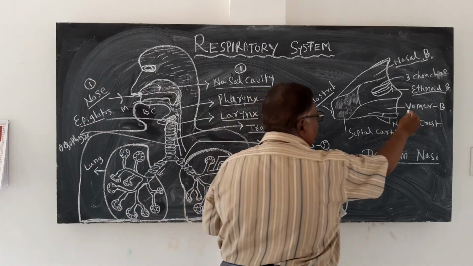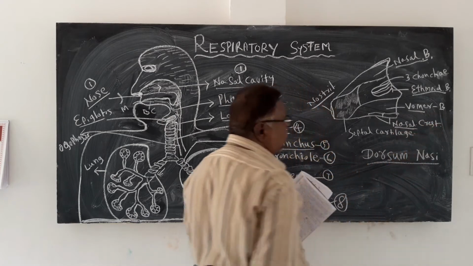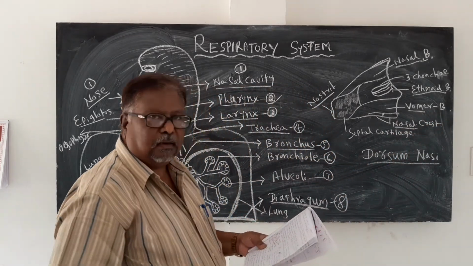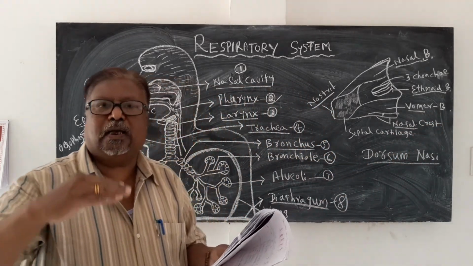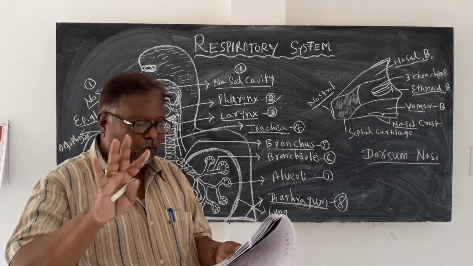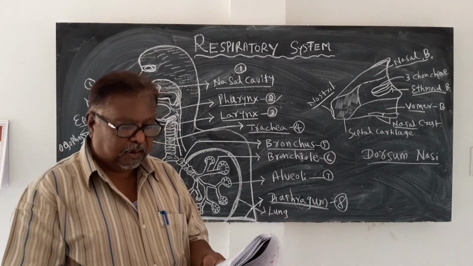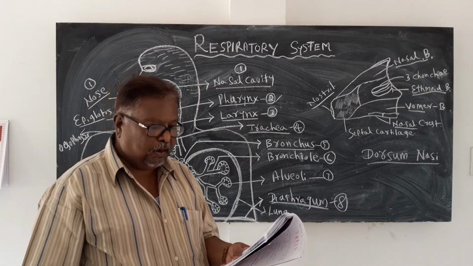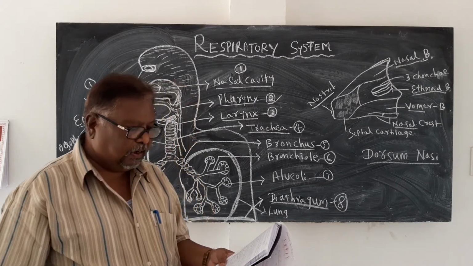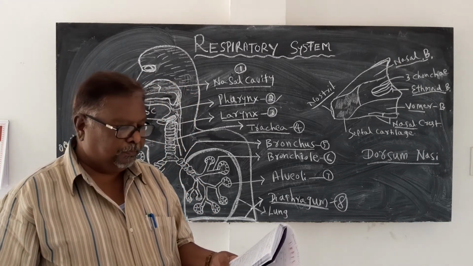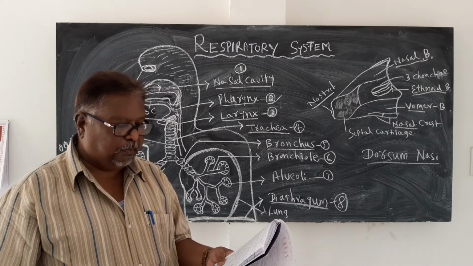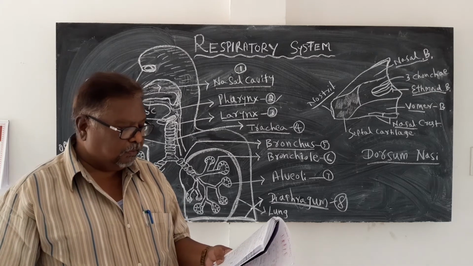This is the vomer bone and the nasal crest. So two bones are below and two bones are above. These four bones are present in the nasal cavity, and the nasal crest is made up of the maxillary and the palatine bones.